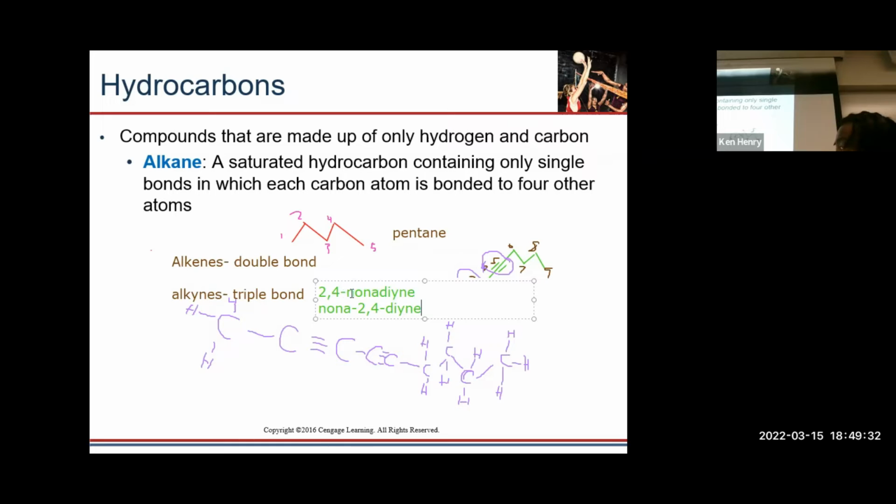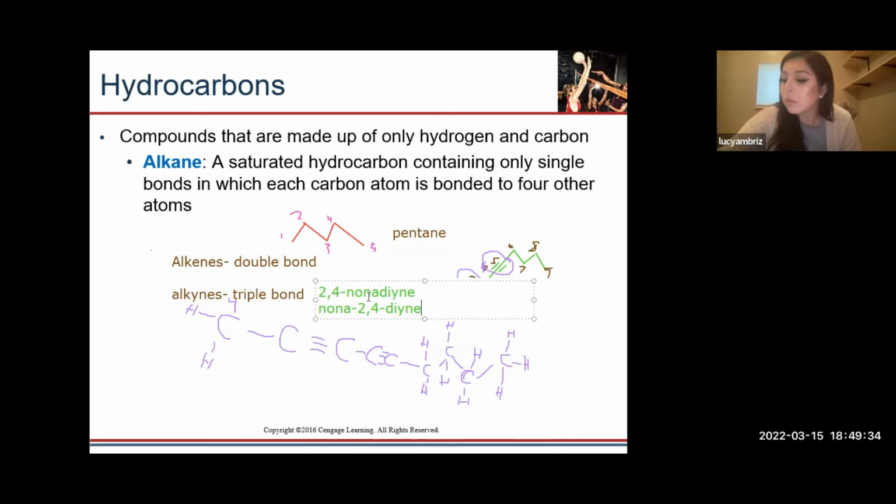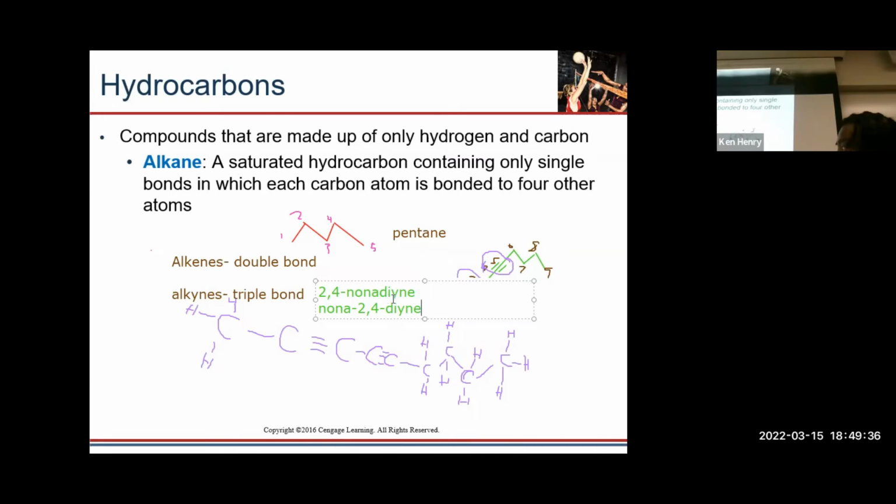It's the longest chain, and then where and how many of that structure we have, how many triple bonds we have. And then in the second case, it's the longest carbon chain, the location, and then the triple bonds, the quantity, and then the triple bonds.